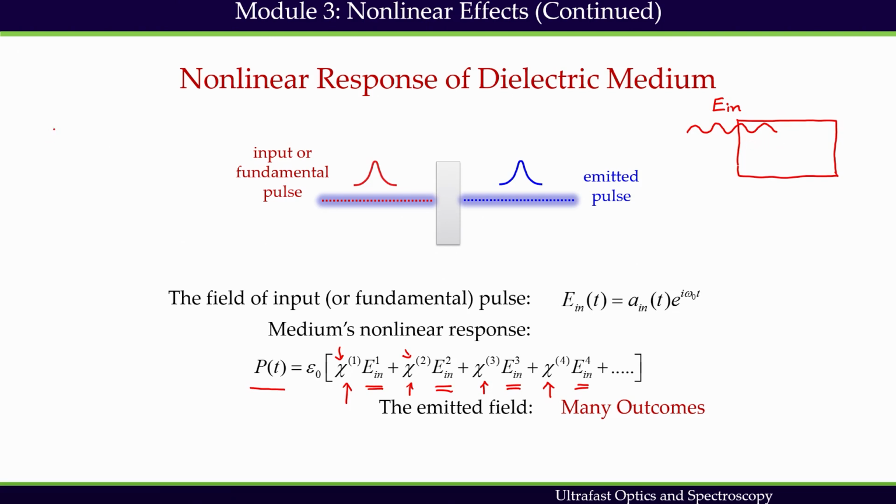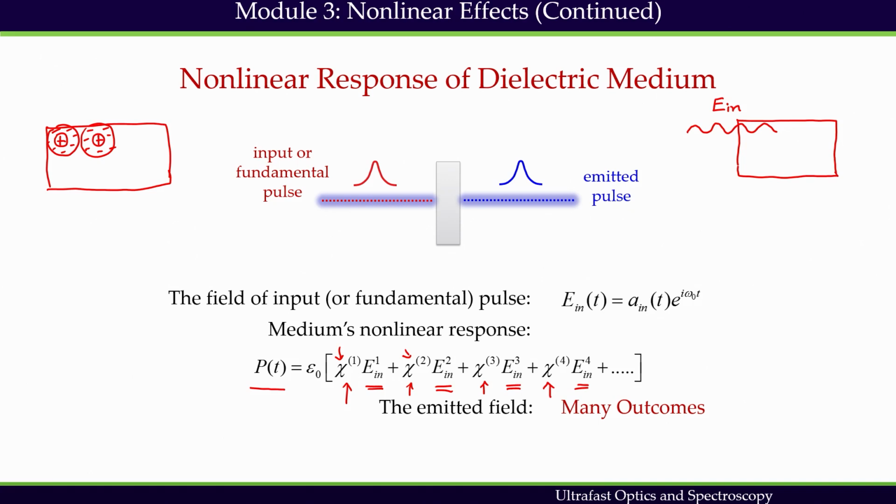A dielectric medium is a medium where there is no free electron, unlike a metal. It has an ion core, and surrounding it we have electrons bound to that core. Similarly, here I have an ion core and electrons bound to this ion core. There is no free electron which can move freely in the medium.